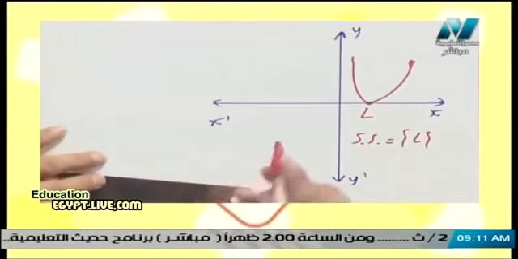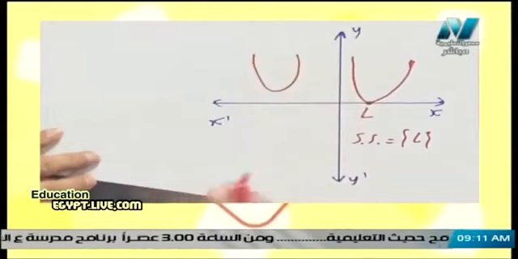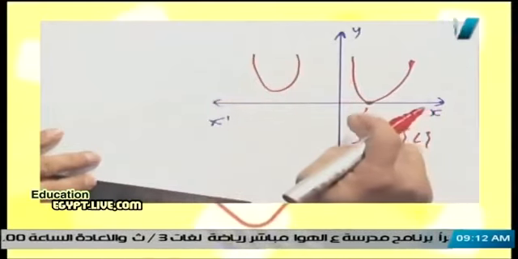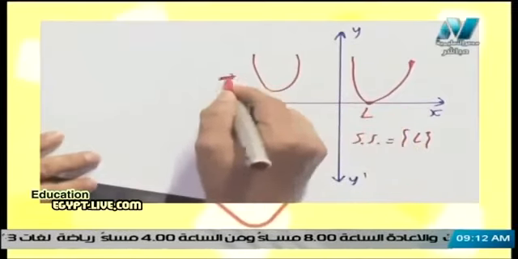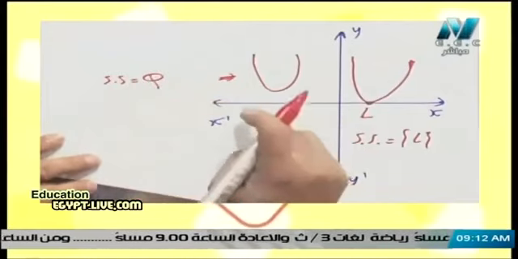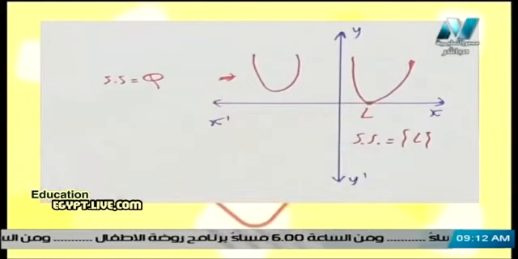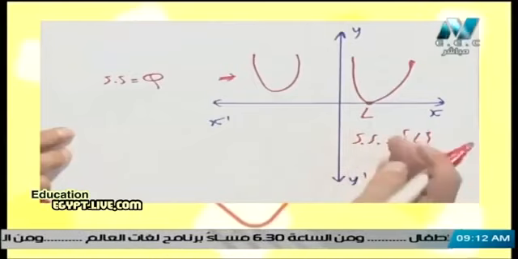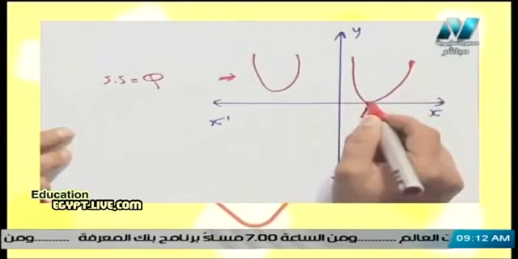And also if we have a graph like that, here the graph doesn't intersect the x-axis at any point. That means its solution set in R will be phi, because it doesn't intersect the x-axis at any point or any number. Okay, so we have three cases. One of them intersects the x-axis at one point like that.